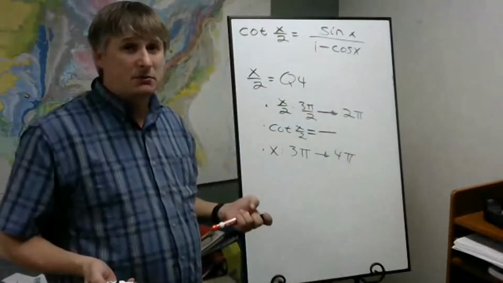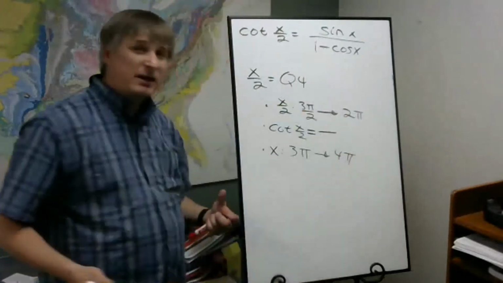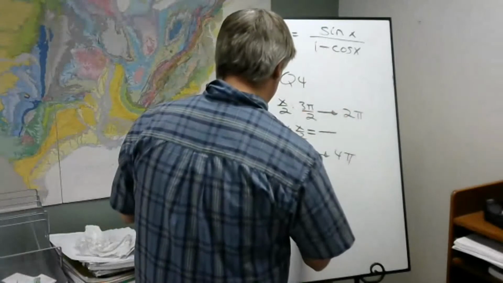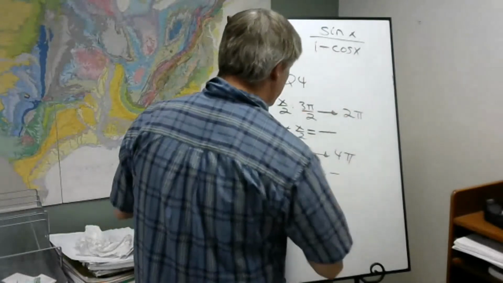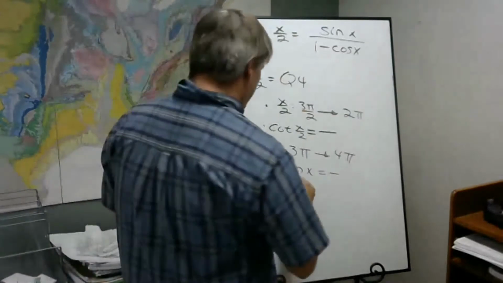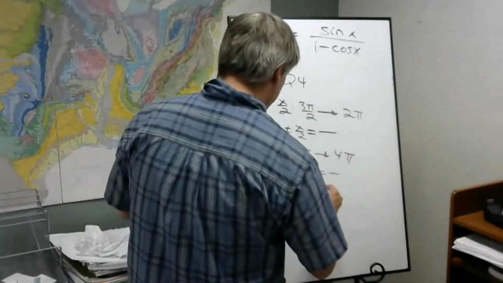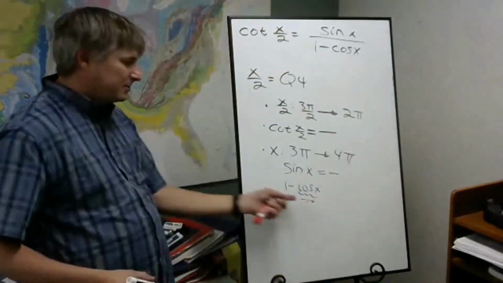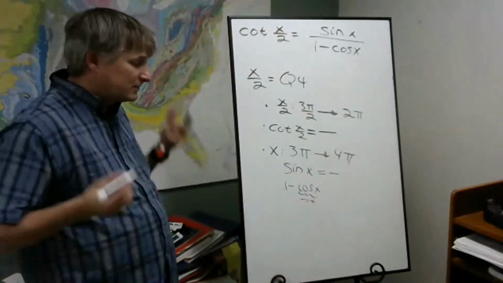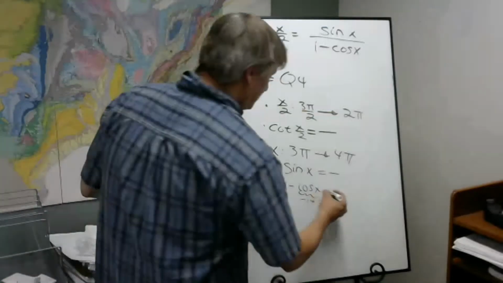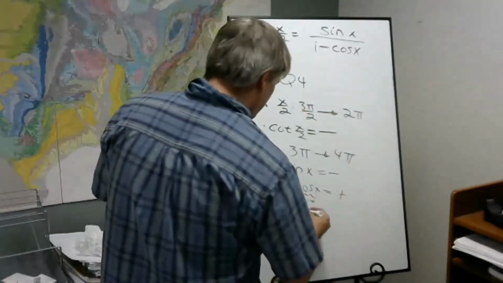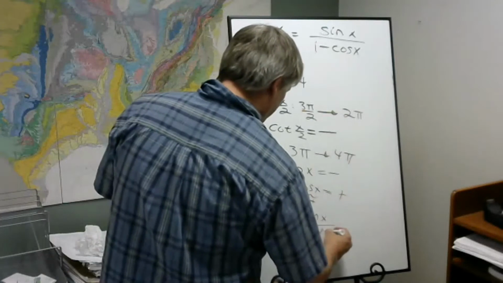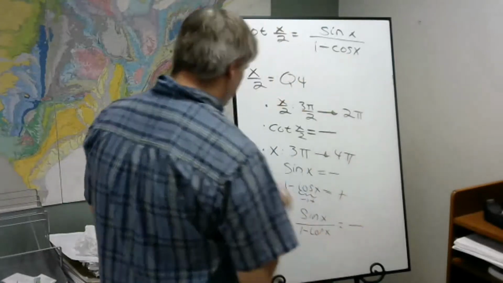This is the lower half of the unit circle. So when we're working in the lower half of the unit circle, sine x is going to be negative. And then again, 1 minus cosine x, you'll get negatives and positives for cosine x, but when you're subtracting it from something as big as 1, it's going to come out positive. And so negative divided by positive is going to be negative.